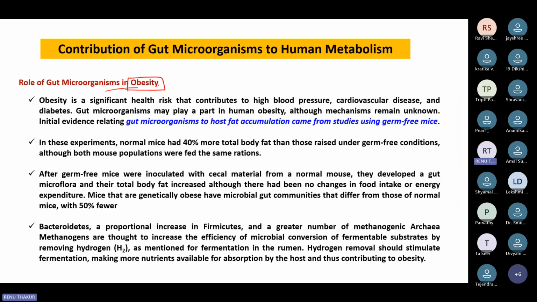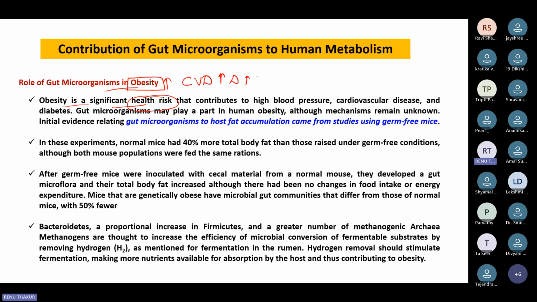So obviously obesity is a significant health risk, because if obesity increases, cardiovascular disease will increase, and other complications also. Diabetes will increase. And diabetes by itself is not at all harmful as per my perspective.